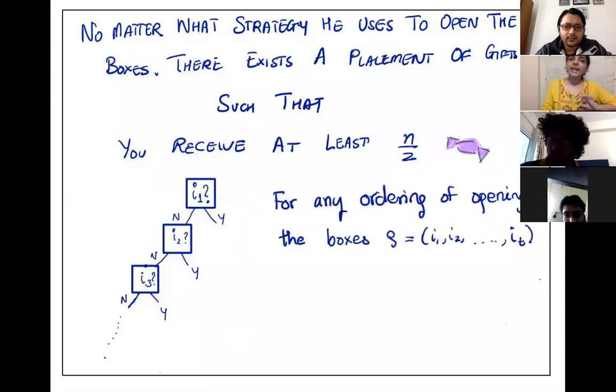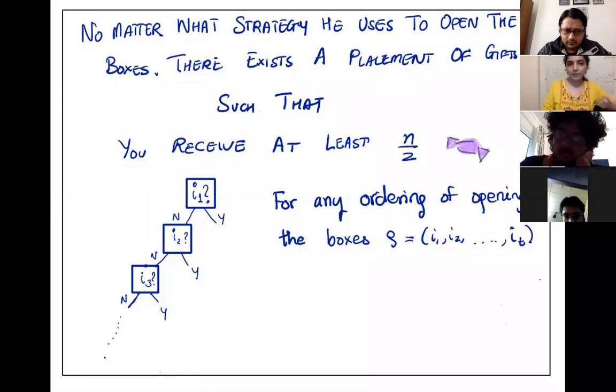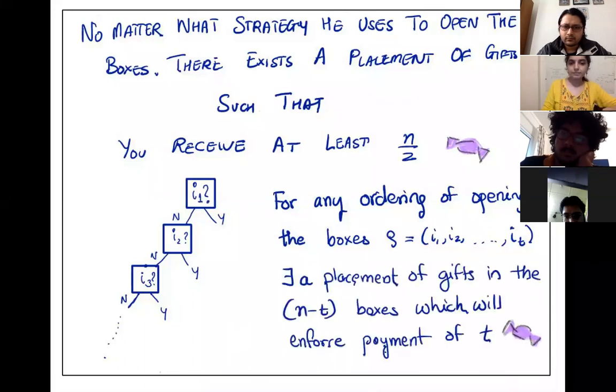Notice that for any ordering of opening the boxes, which is basically his strategy to play this game, say the opening of boxes is I1, I2, ..., IT, where T may be some number, maybe pretty small, 3, 4, whatever, or n/2 as you like it. You can set it the way you like. For any ordering of opening the boxes, say I1, I2, etc., notice that there is a placement of gifts in the rest of the boxes that will enforce a payment of T chocolates to you.